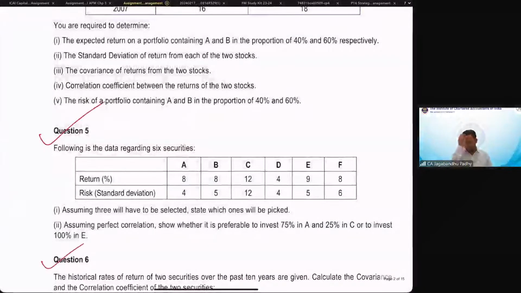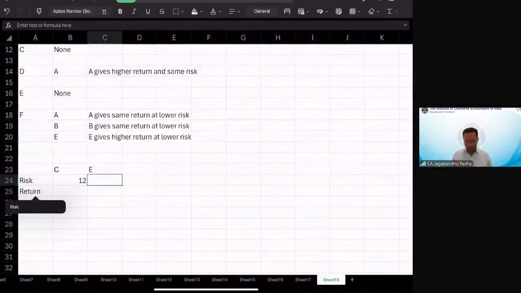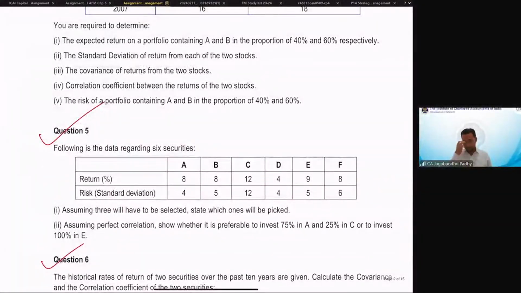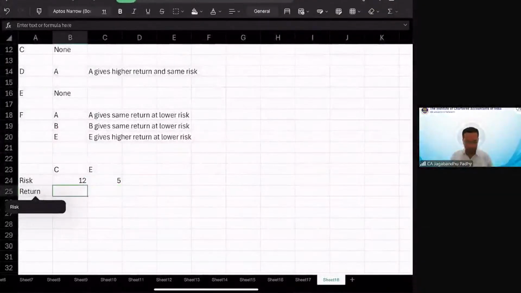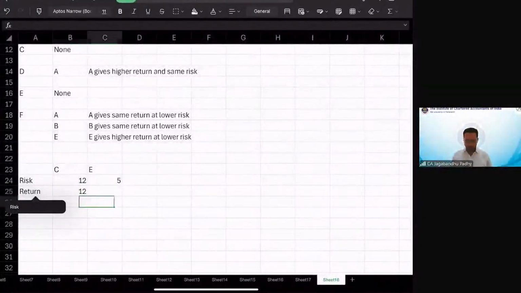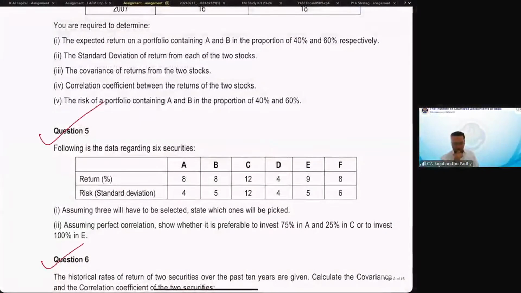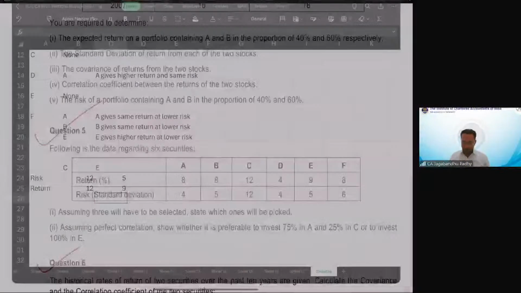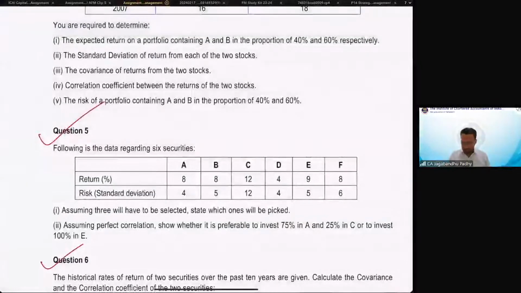C has got a risk of 12, E has got a risk of 5. C has got a return of 12 and E is having a return of 9. Okay. And then we have seen 75% in A and C.